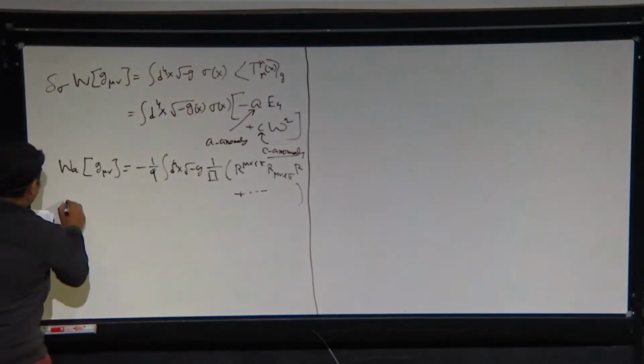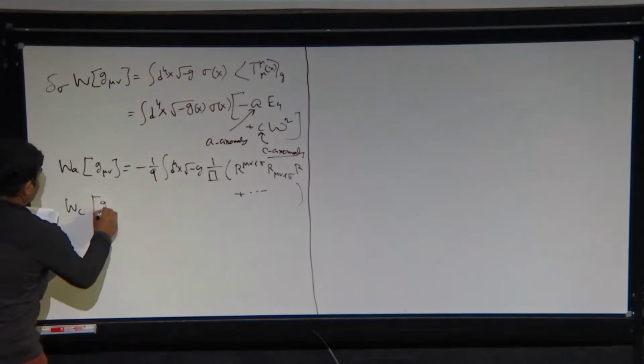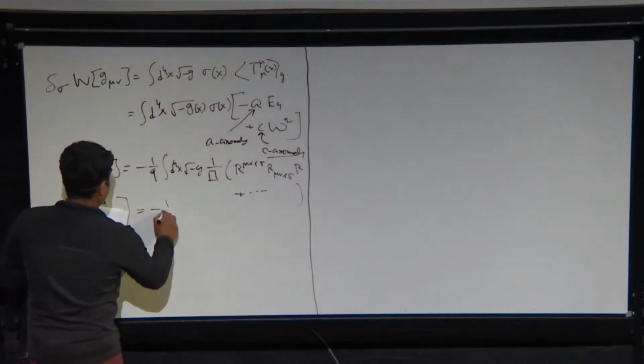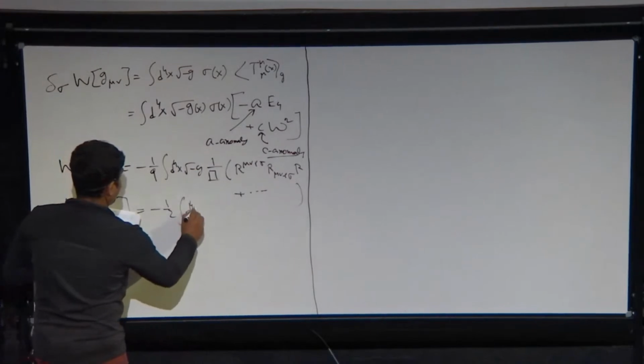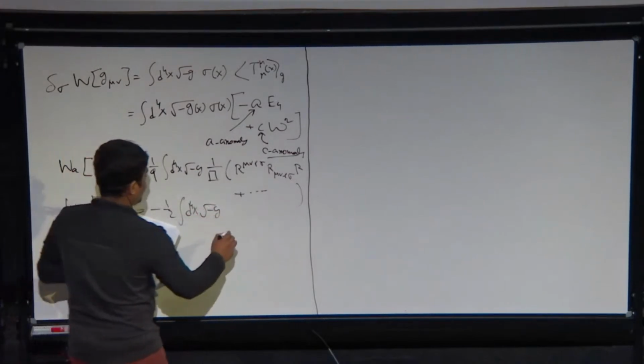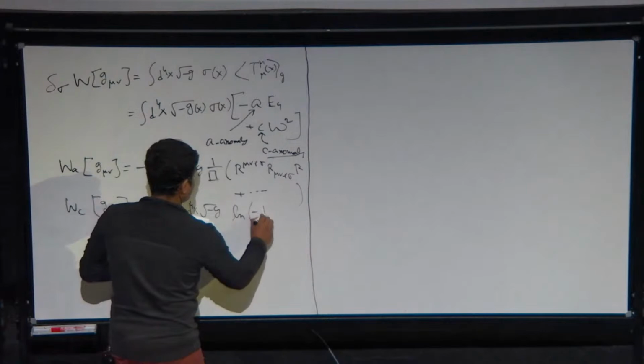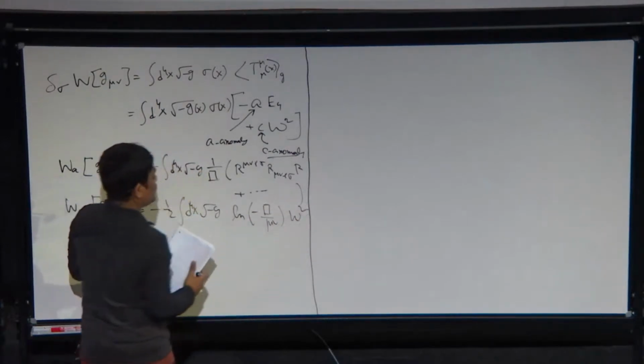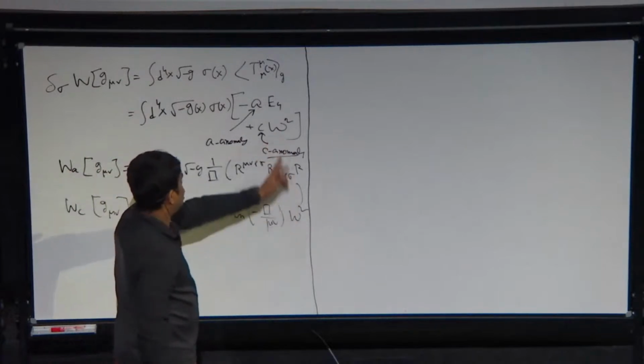On the other hand, the connected functional associated with the C anomaly will have the form where this W is again the Weyl tensor squared.